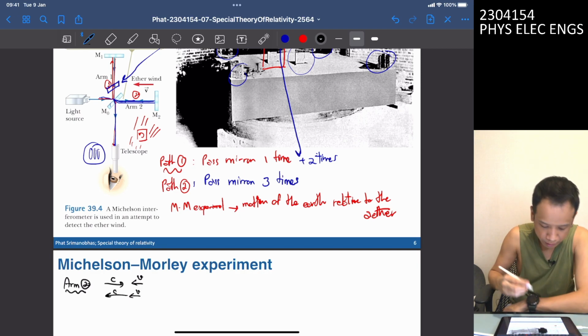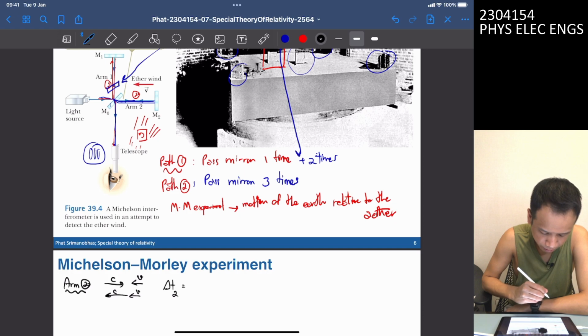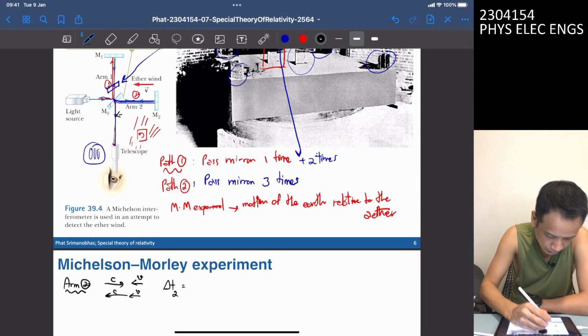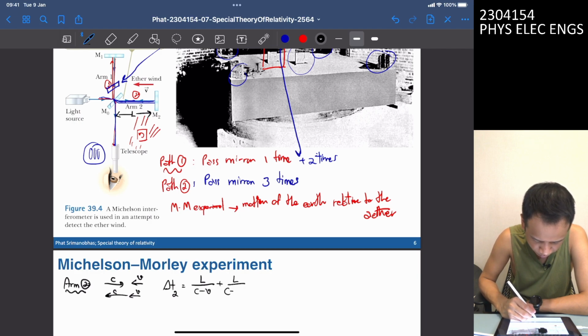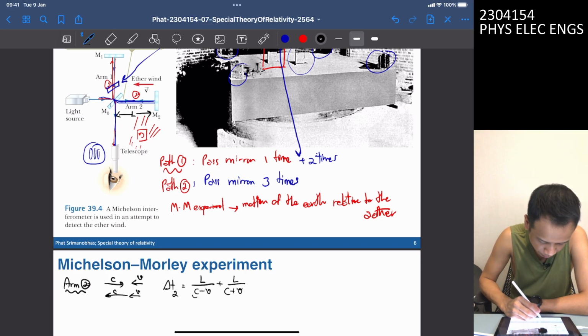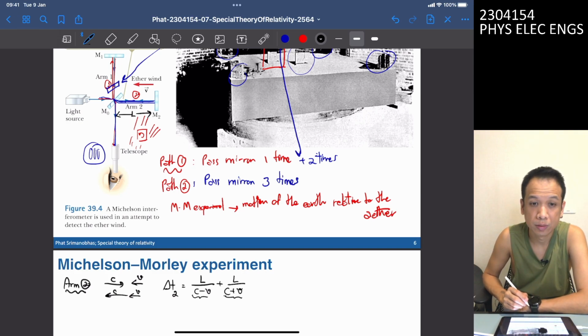So the time that it's traveling on arm 2 is going to be the distance. Let's set this one as L. So it's L divided by the relative speed, c minus v, plus L divided by the speed c plus v. c minus v is the first trip, and then it goes to the mirrors, and then c plus v, it goes back from the mirrors.